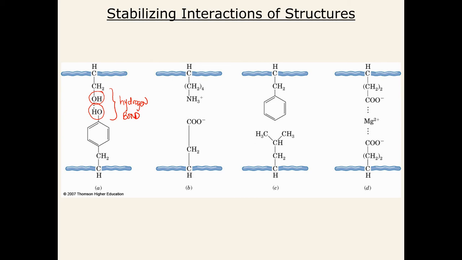Okay, so over here, second structure, we have a positively charged amino acid and a negatively charged amino acid. This is what's called a salt bridge. This amino acid is lysine, and this amino acid is aspartate.